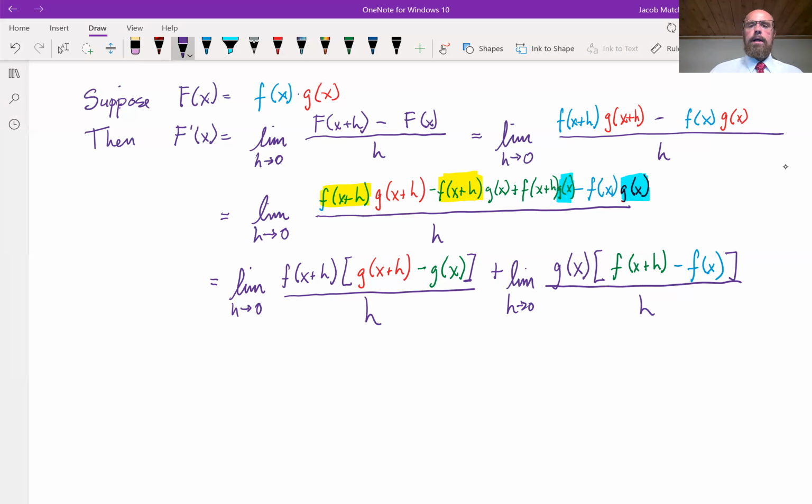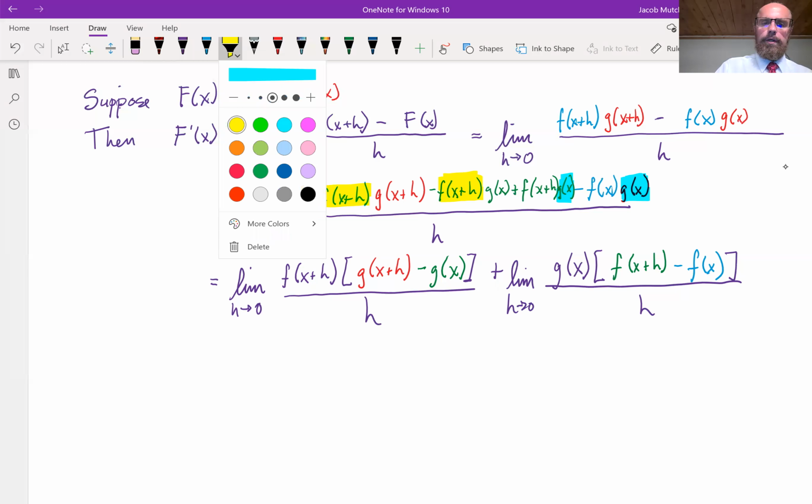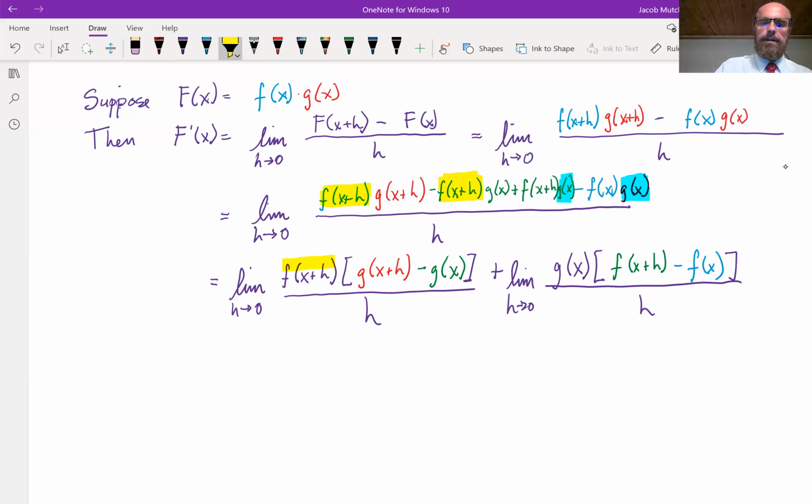So at this point, I want to take these 2 things that I've factored out. So again, let's highlight them so that we see clearly what's going where. So this piece, I want to move it using my limit properties outside the limit. So as I do that, we can go ahead and do that right now. I need to apply direct substitution for h equals 0.